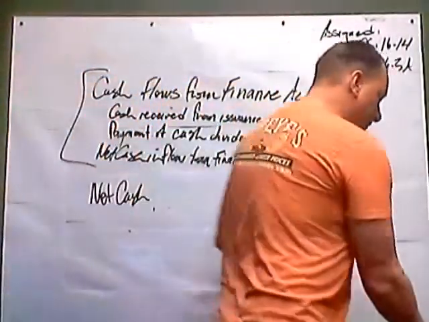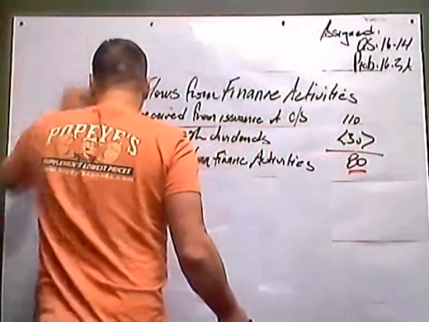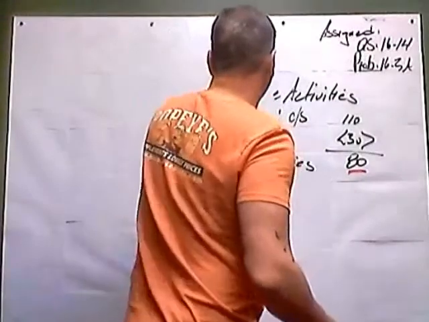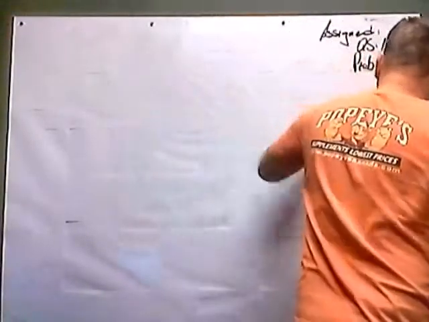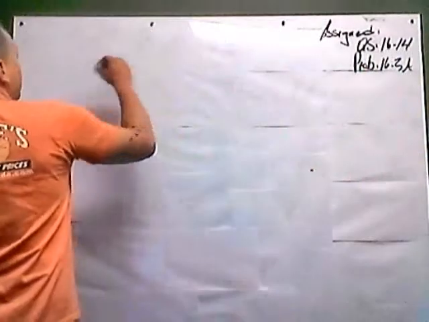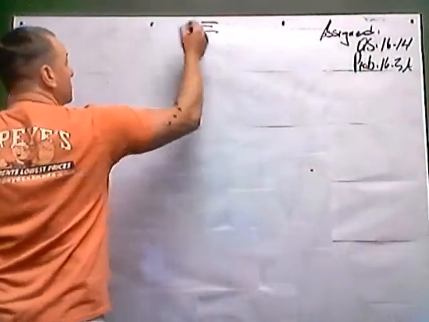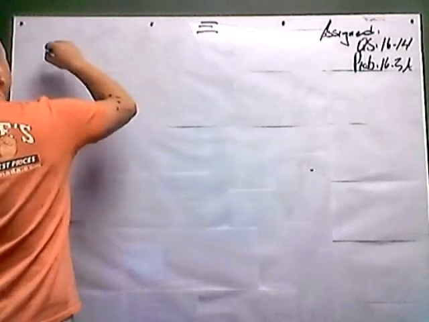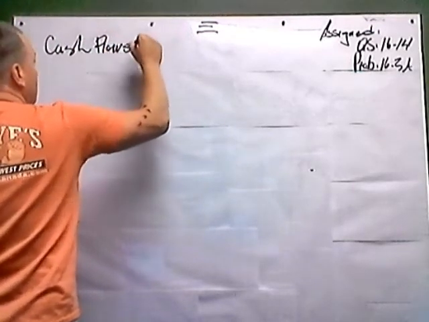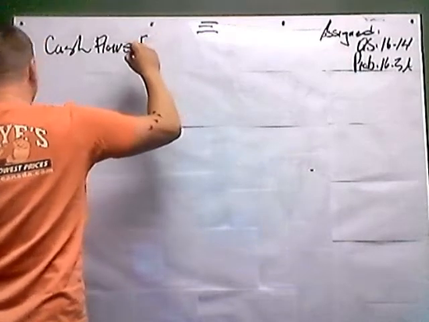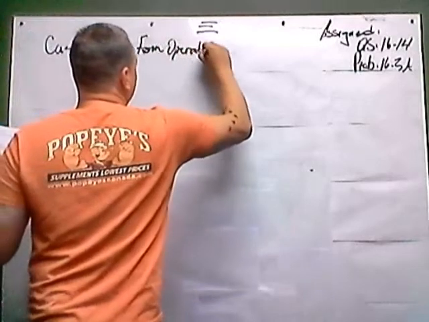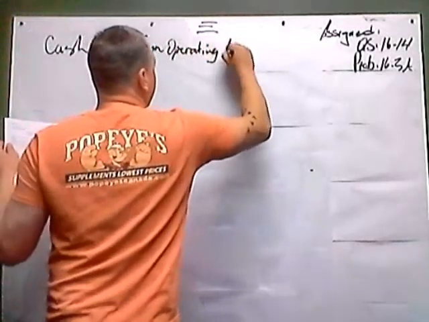So in the end, what you're going to have is this. You'll have your title, then cash flows from operating activities.